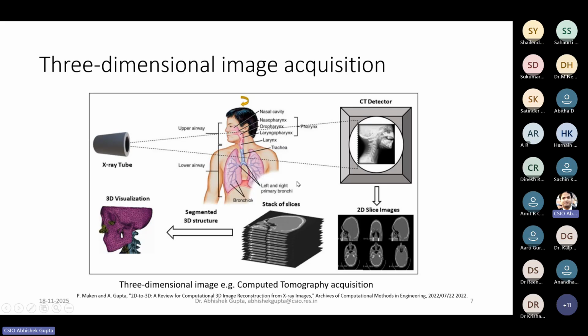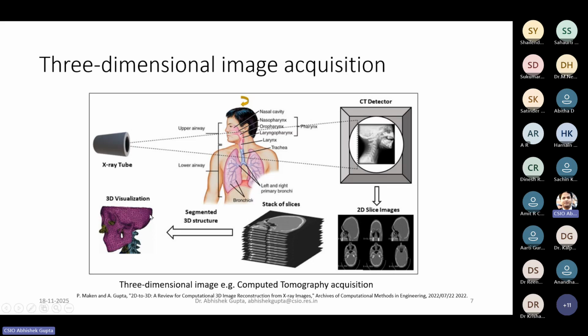If we talk about image acquisition, the X-ray source and the human body, or any body, because CT is not only for the human body, you can do the CT of an animal or anything. The detector will be detecting, then you will generate a number of 2D slices, and those are stacked, and when you stack all of them, the volumetric view can be there, or you can visualize in 3D form.